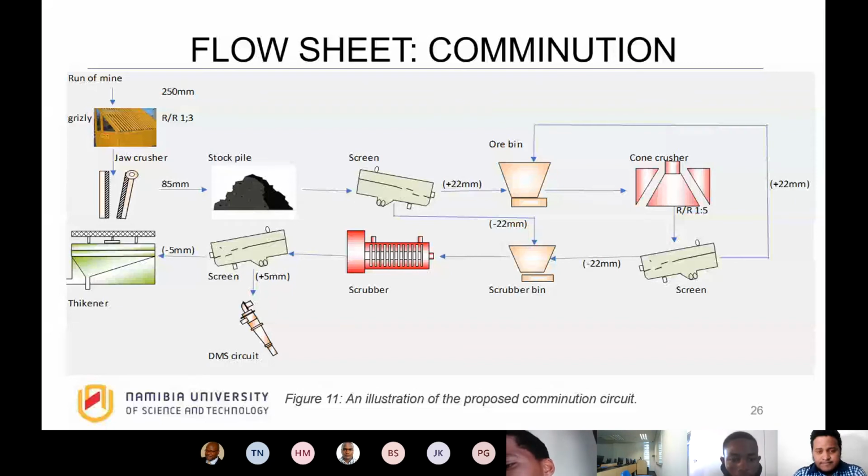What I forgot to mention in this flow sheet is why we choose the jaw crusher and the cone crusher, and why we opt for primary crushing and secondary crushing.